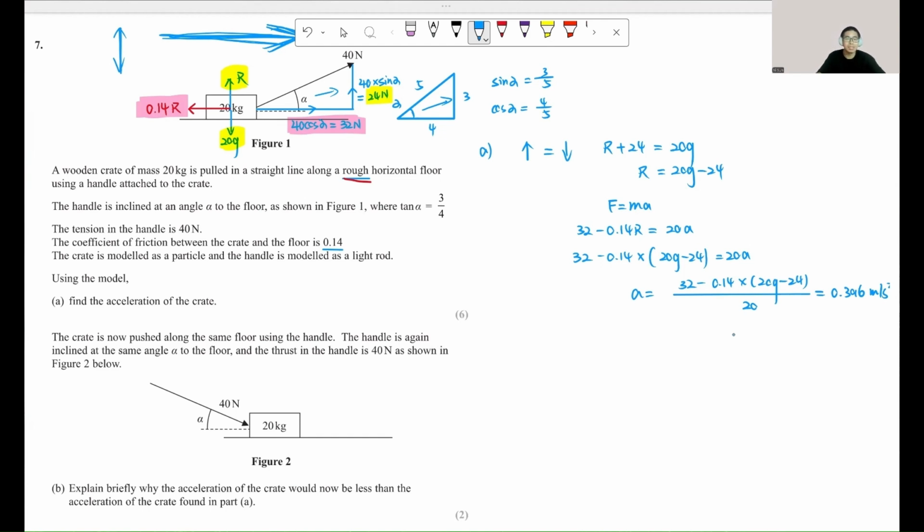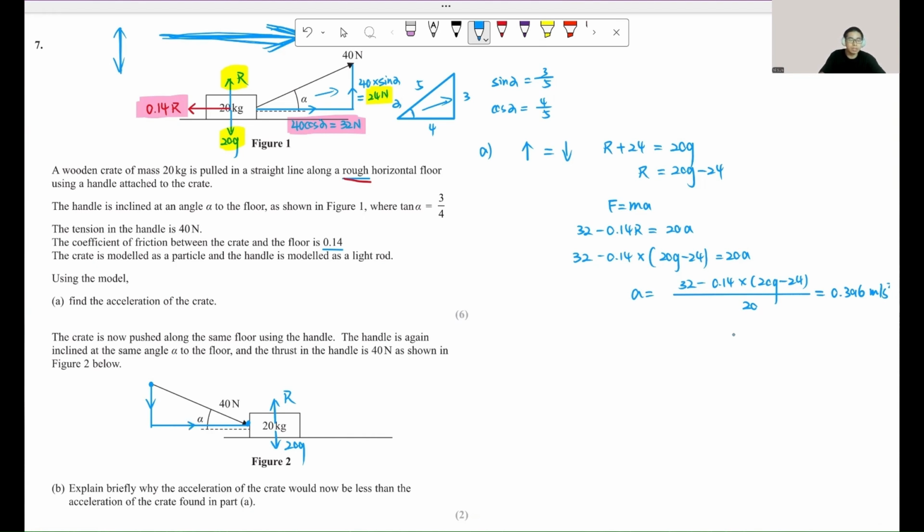Okay, so let's just label all the forces. So 20g, the weight, same as before, and there will be a normal reaction R here. And then resolve this 40 Newton either in the vertical or the horizontal direction. So it'll look like this. Because this is the starting point and that's the end point, and it's a vector, it has to go down first and then go across.